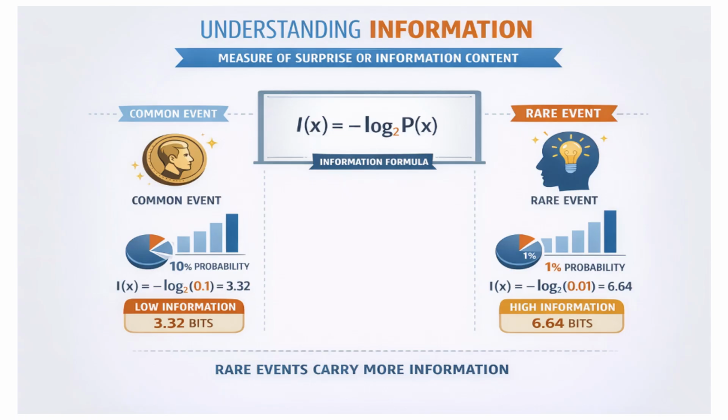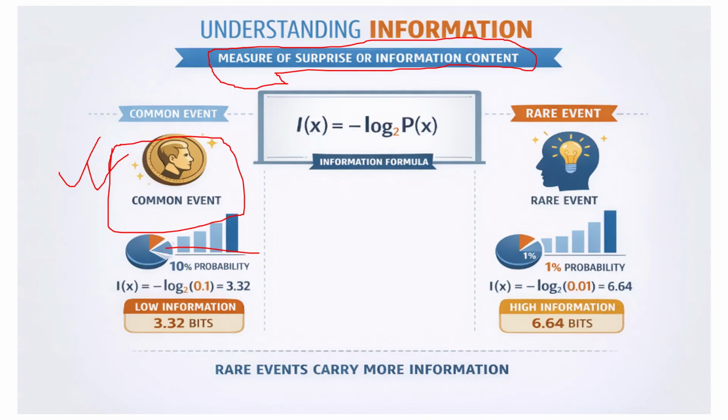So the first question is, what is this information? Information is a measure of the surprise or the information content. How will you measure the surprise? Whenever the chance of any event is very common, if it is very regular, the information will be very less.